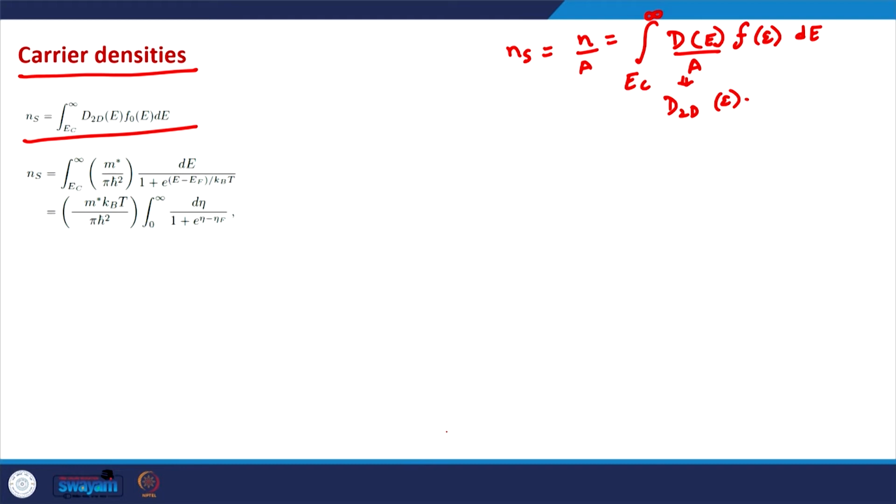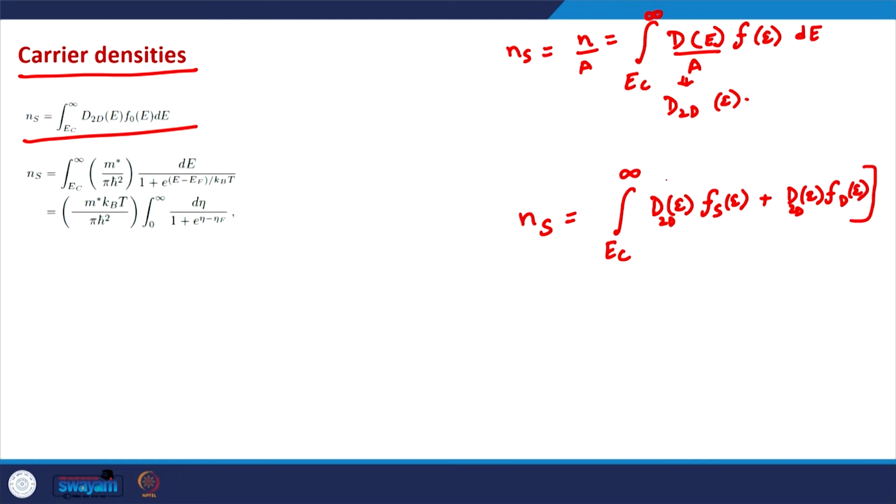In a two terminal device, and also in a MOSFET, the charge carrier density will be given by this parameter: Fs plus Fd, times D2D(E), times 1 by 2 dE.